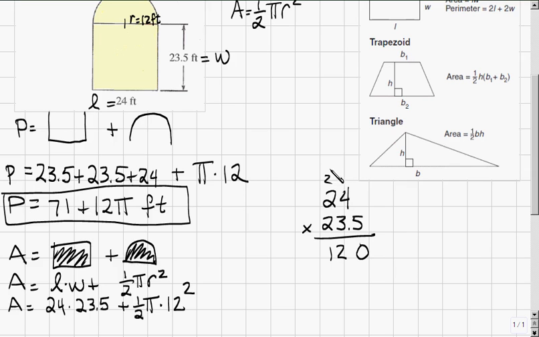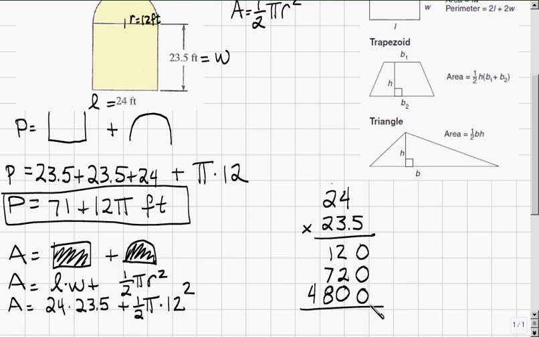For our next row, we'll put a 0 as a placeholder and multiply 3 times 24. Well, 3 times 4 is 12, carry the 1, 3 times 2 is 6, plus 1 is 7. We'll do our next row by adding 2 zeros for placeholders and multiply 2 times 24. 2 times 4 is 8, and 2 times 2 is 4.